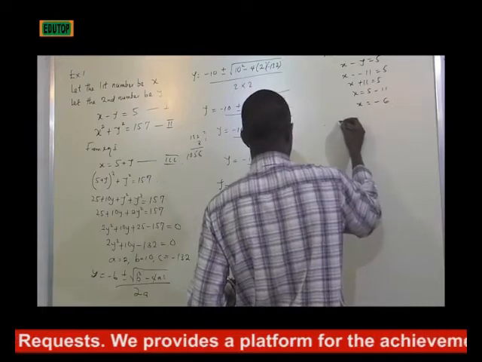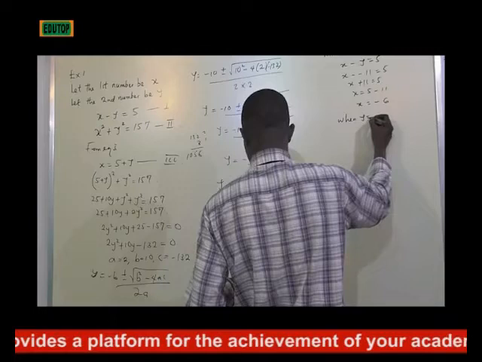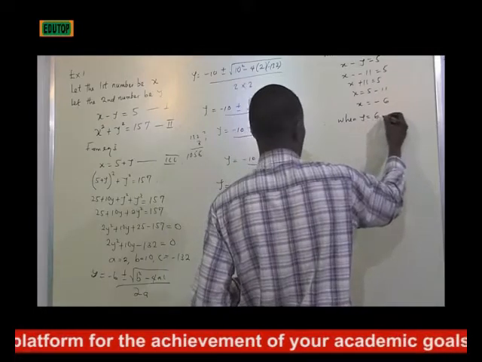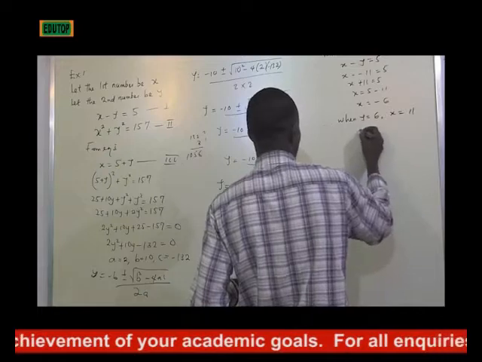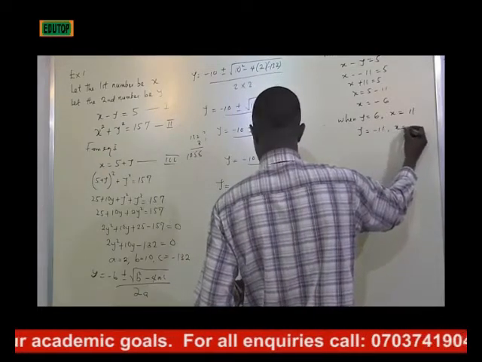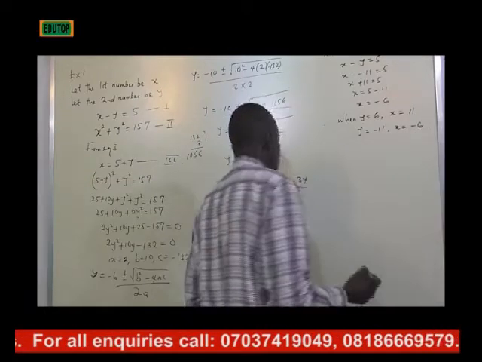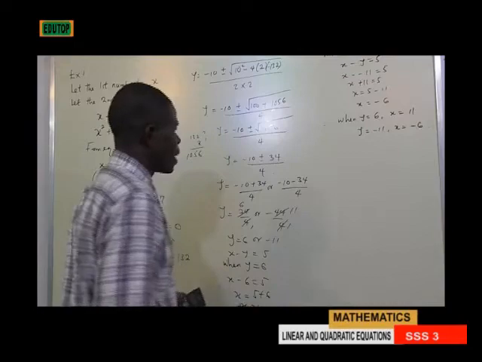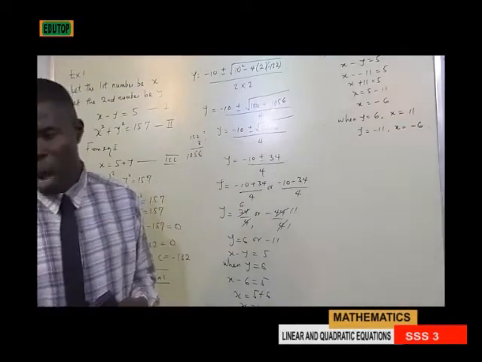Therefore, when y equals to 6, x equals to 11. Then, when y equals to minus 11, x equals to minus 6. So that is the answer to example 1.